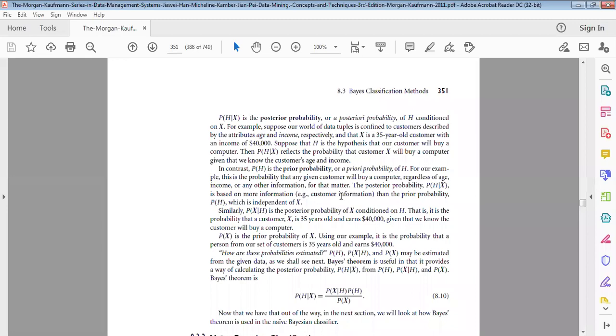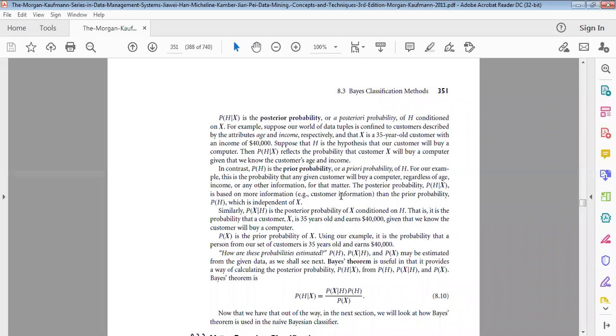If the customer buys the computer, that is the hypothesis we can represent. He can buy the computer based on that X condition, that is the posterior probability. If not considering age and income, whether they want to buy the computer, that is independent, that is the prior probability. So here you can represent it.